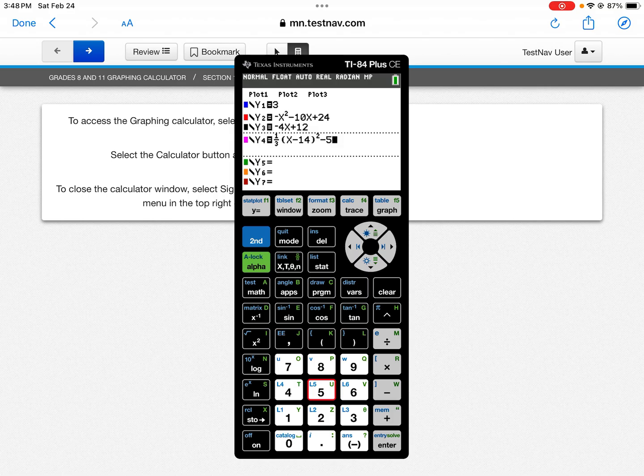So that is everything that's in the question. Now we're going to do this. This is where you're going to be amazed. We are going to go to second and table set. And we're going to go down here to the word ask. The very first ask, the first one, not the second one. We're going to change it to ask, and we're going to hit enter. Okay?